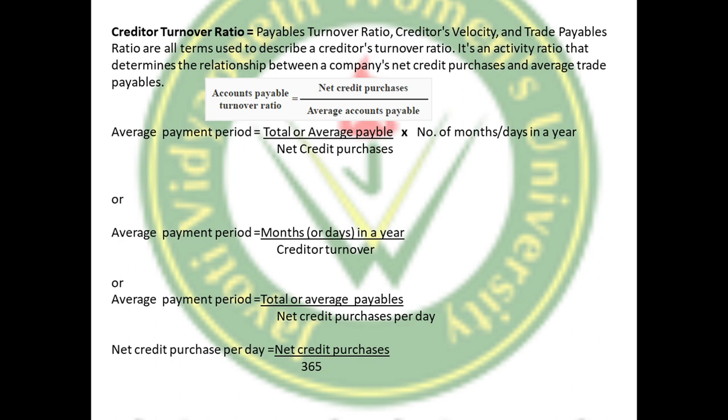Or the third method to calculate average payment period is total or average payables divided by net credit purchases per day. Now in this last formula, net credit purchases per day is the denominator. To calculate this, the formula is net credit purchases divided by 365.